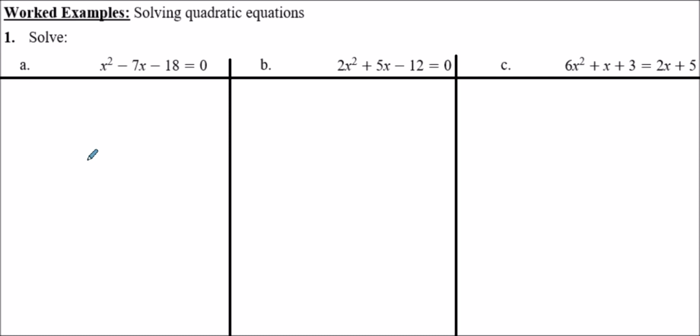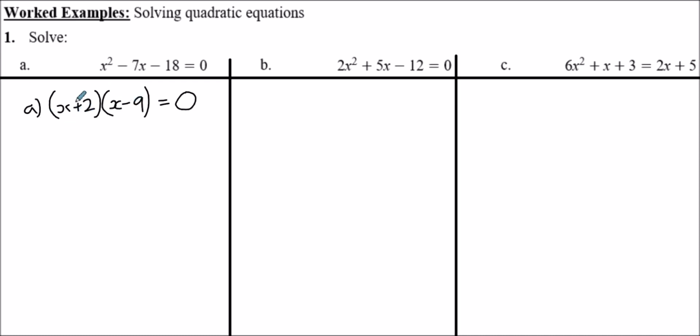Same drill applies. Can we find two values that multiply to give us minus 18, and when we add them, they give us minus 7? Well, of course we can if we think long and hard enough. Those two values are going to be positive 2 and negative 9. So we can say that x plus 2, x minus 9 equals 0. And so we've got one bracket multiplied by another bracket equals 0. We could call one bracket A and the other bracket B. So if A times B equals 0, that's only going to be true if either A is 0 or B is 0.